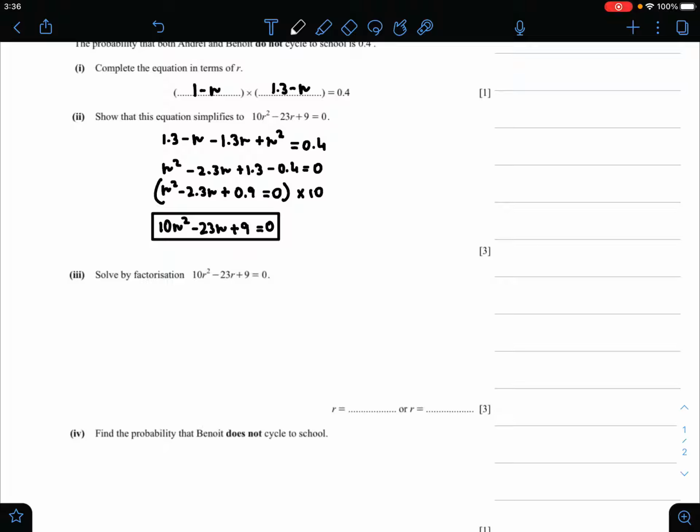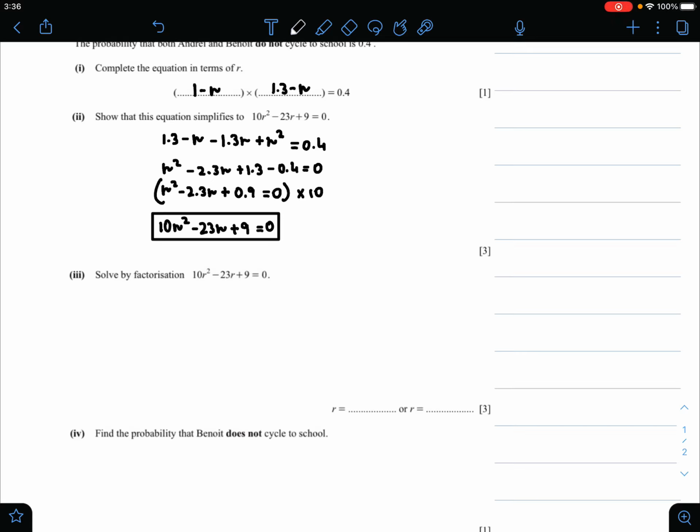So 90 divided by 3 is 30. So that wouldn't be it. 90 divided by 5 is 18. Now 18 plus 5 is equal to 23. And since we need a negative sum, we can write minus 5 minus 18 is equal to negative 23, and the product of minus 5 and minus 18 would be positive 90.